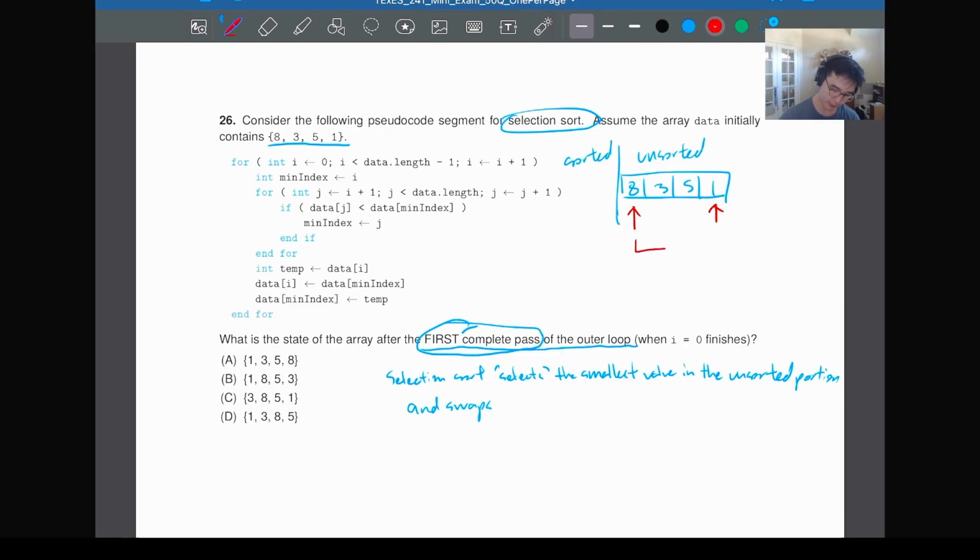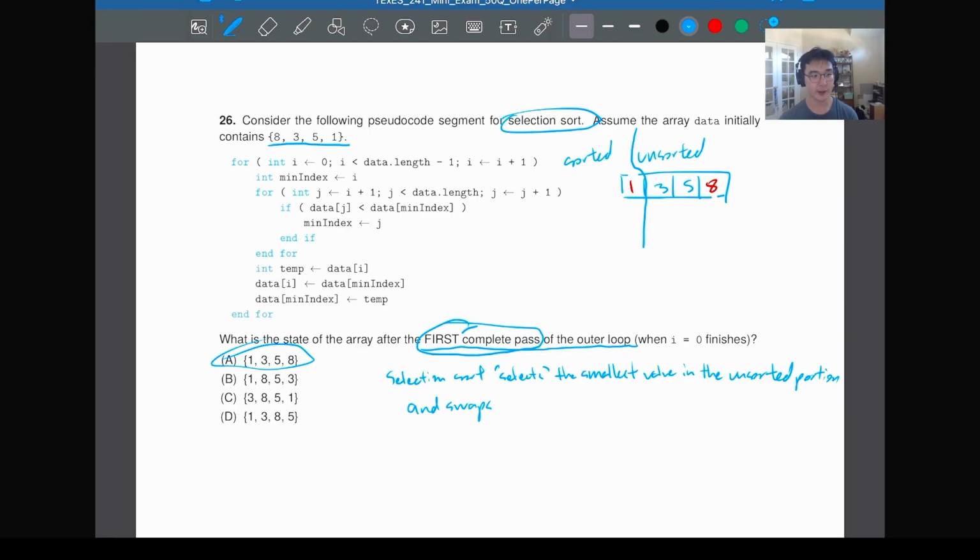You perform a swap. You get 1 and 8. And now, let me erase this part. And now this portion is unsorted. And that is how selection sort works. So what is the state of the array after this first complete pass of the outer loop when i equals 0 finishes? It is 1358, which is right here.